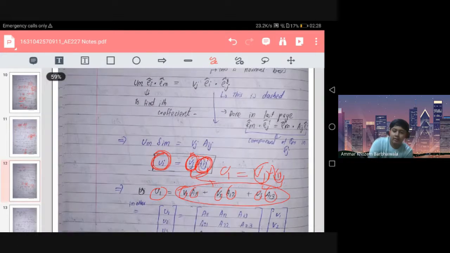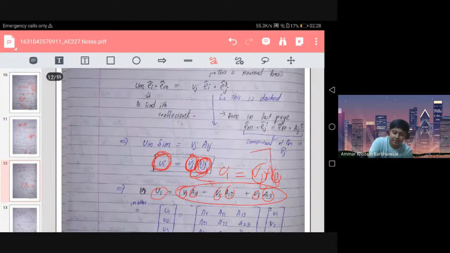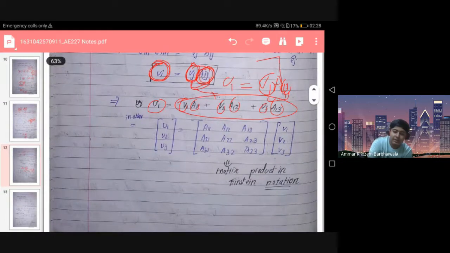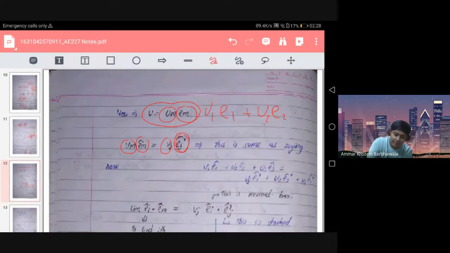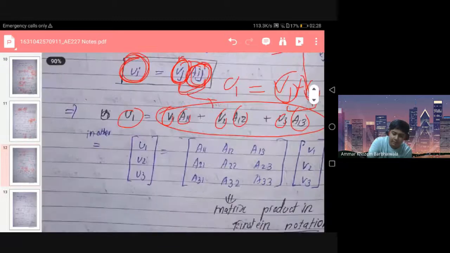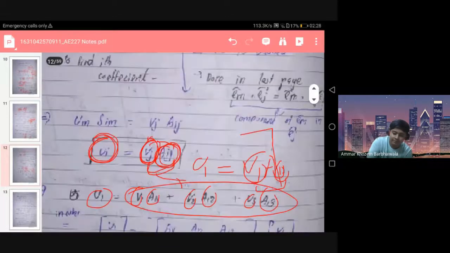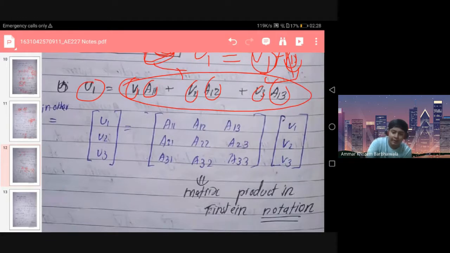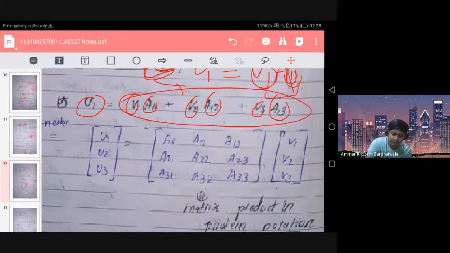And obviously we can also do this in terms of matrix multiplication, which is shown here. We know the matrix multiplication rules. This is the matrix multiplication as we used to do in our MA106 course.